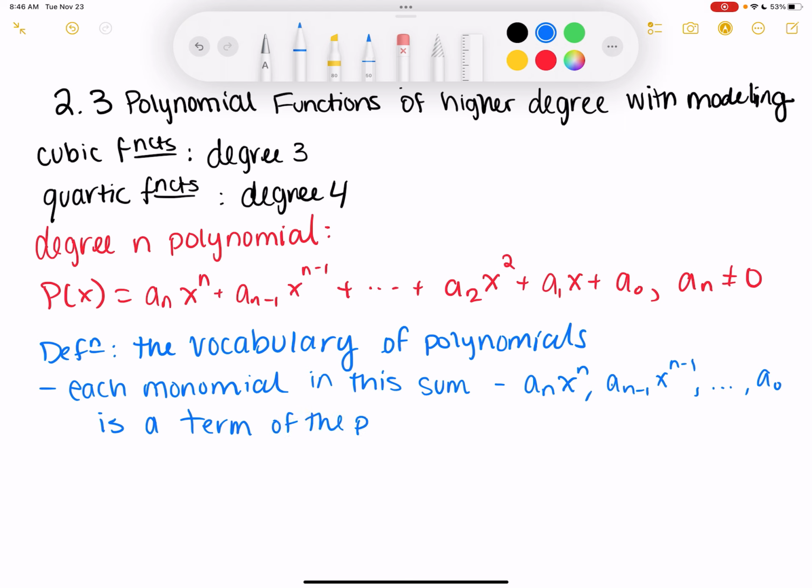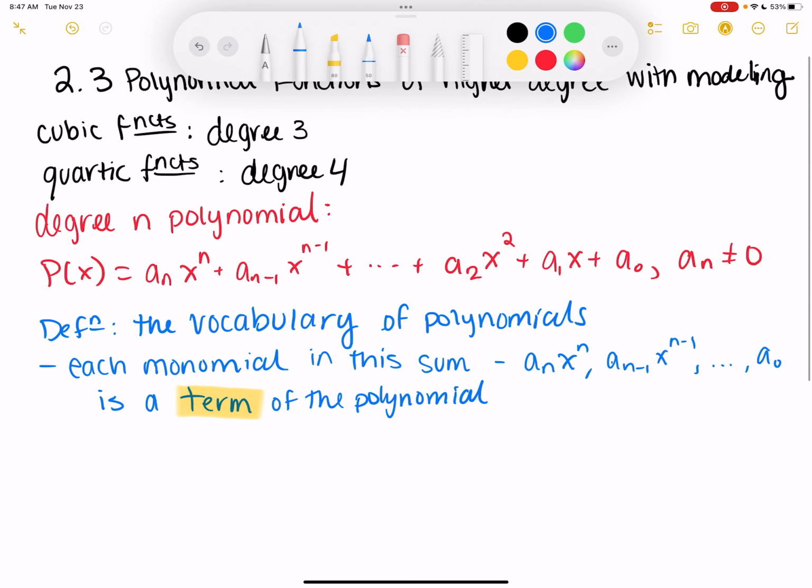I'm tired of writing that. Where's the a1x thingy? Do you not need that one here? That's what the dot dot dot is for. So why is term highlighted? Because we need to know it. Because that's the definition.